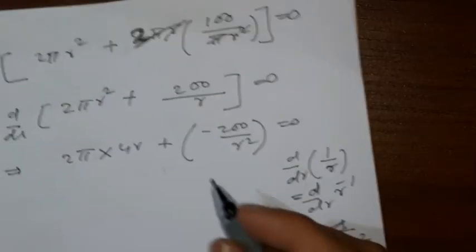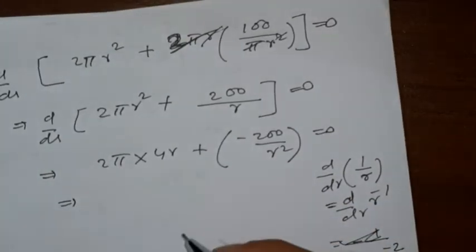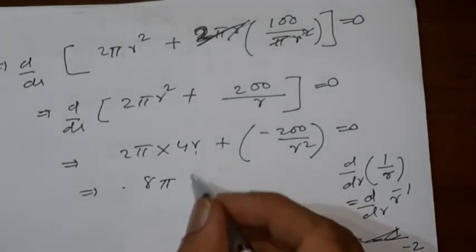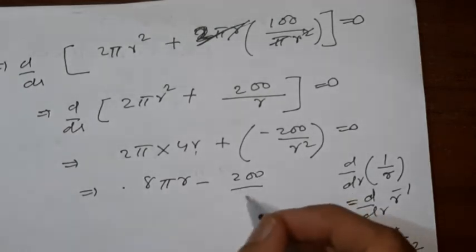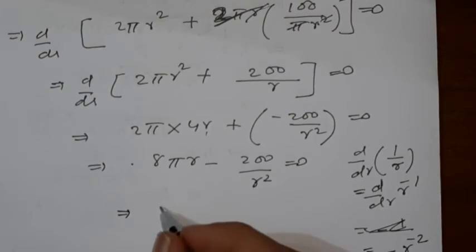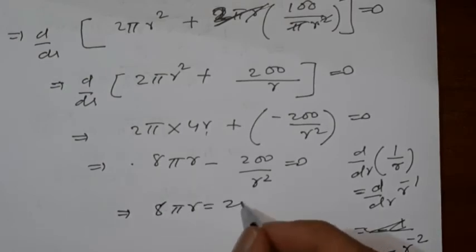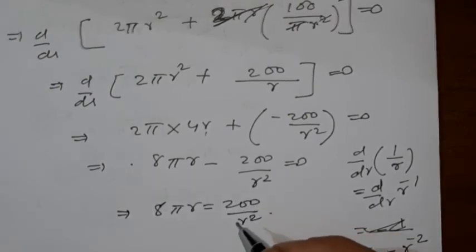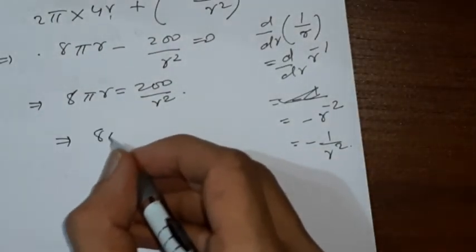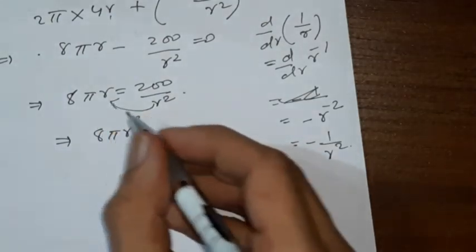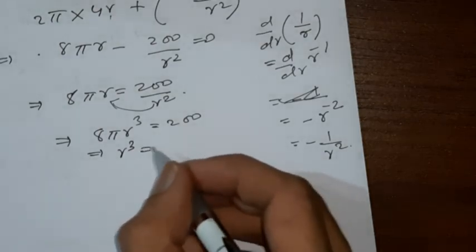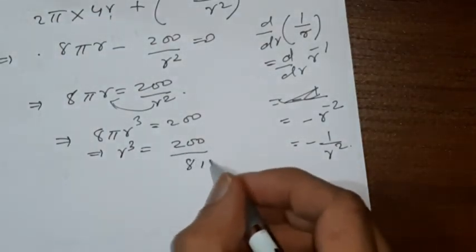So 2 times 4 is 8 pi r minus 200 by r square equal to 0. That means 8 pi r is equal to 200 by r square, so 8 pi r cube is equal to 200. So r cube is equal to 200 divided by 8 pi.